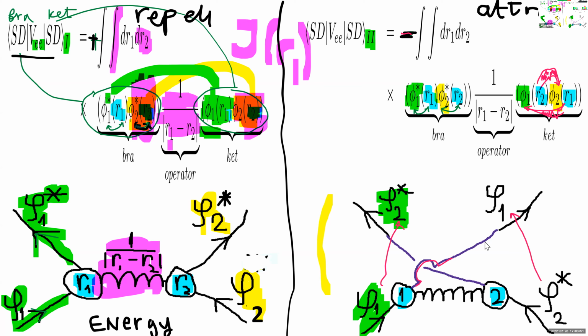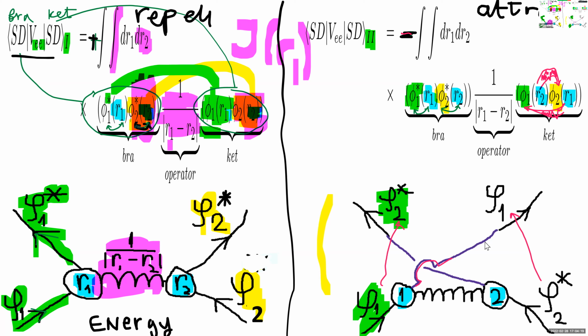This wavy line ends in the blue point R2. And there are yellow highlighted things labeled phi2, which means the second electron was residing in the orbital phi2 before interaction, and it is residing in the orbital phi2 after interaction.